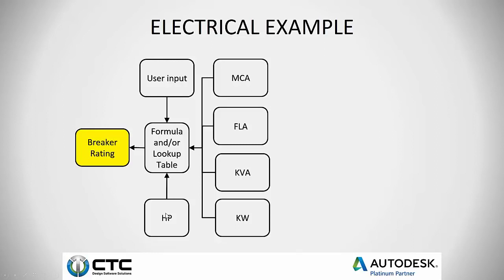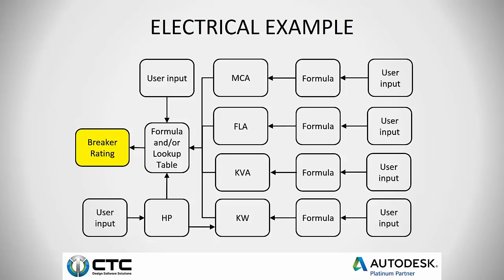We can calculate it off of a horsepower value, or we can calculate it from MCA, FLA, KVA, or KW. We can use all of those in a single formula to help us calculate our breaker rating for essentially free. And then each of those have their own formulas and or user inputs.